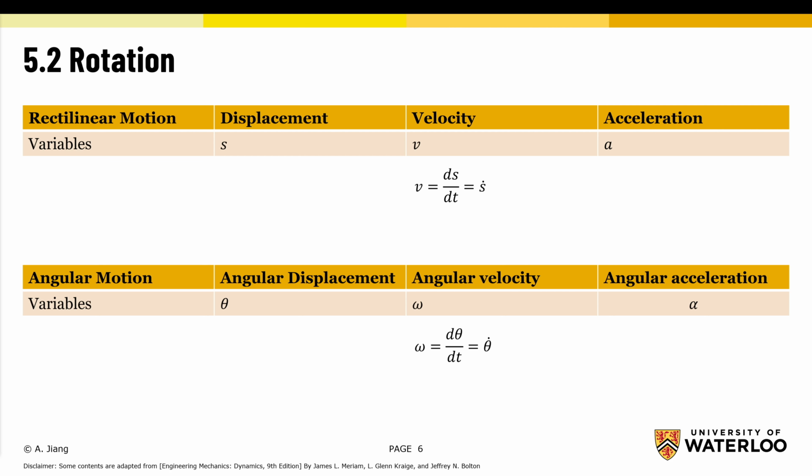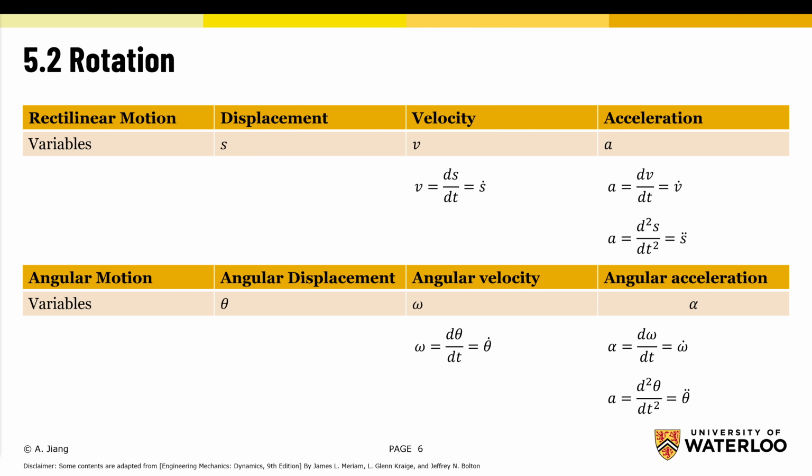In linear motion, you're traveling a distance s, and in angular motion, you're traveling by an angle theta. You see how s and theta are related? Then acceleration. For linear motion, we have dv over dt, but for angular acceleration, they don't have v, they have omega. It's d omega over dt, and the letter a changes to alpha, representing the angular acceleration.